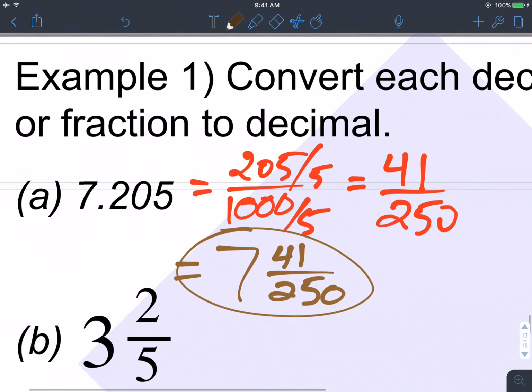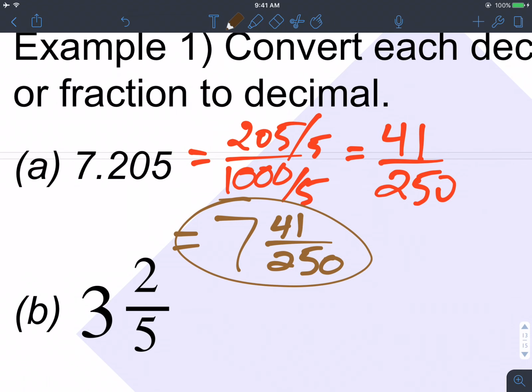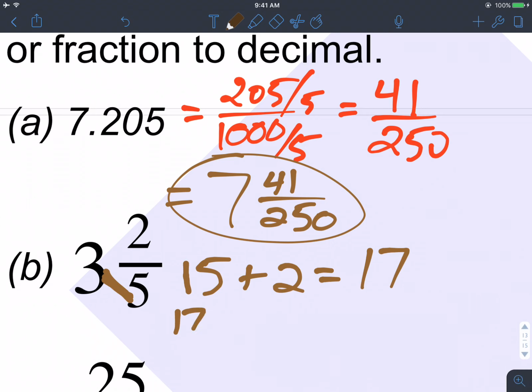Mixed fraction to decimal. Multiply the whole number times the denominator. That would be 15. And then add that numerator. So 17, and put that over the denominator. 17 over 5.